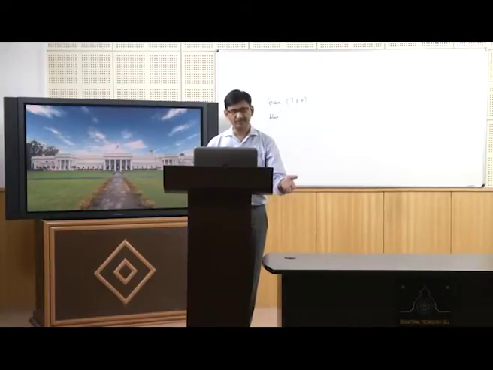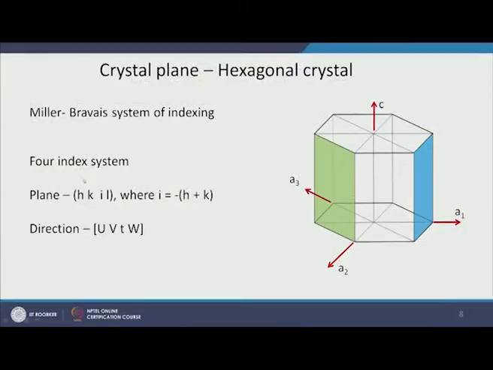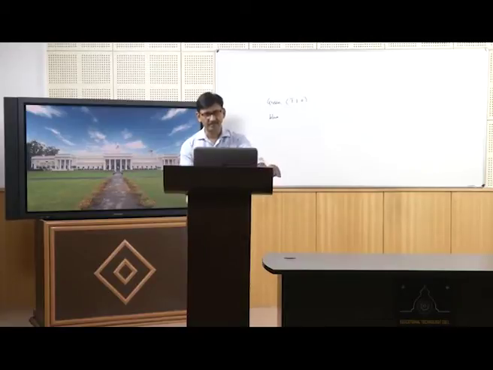So, instead of our Miller indexing system, we follow Miller-Bravais system of indexing, which is a 4 index system. So, plane will be given as H K I L, where I is also related to H and K like this, I is equal to minus of H plus K, and direction will be given by U V, and there is an additional T here and W. So, instead of following 3 indexing system, we will follow the 4 index system in case of hexagonal crystal.